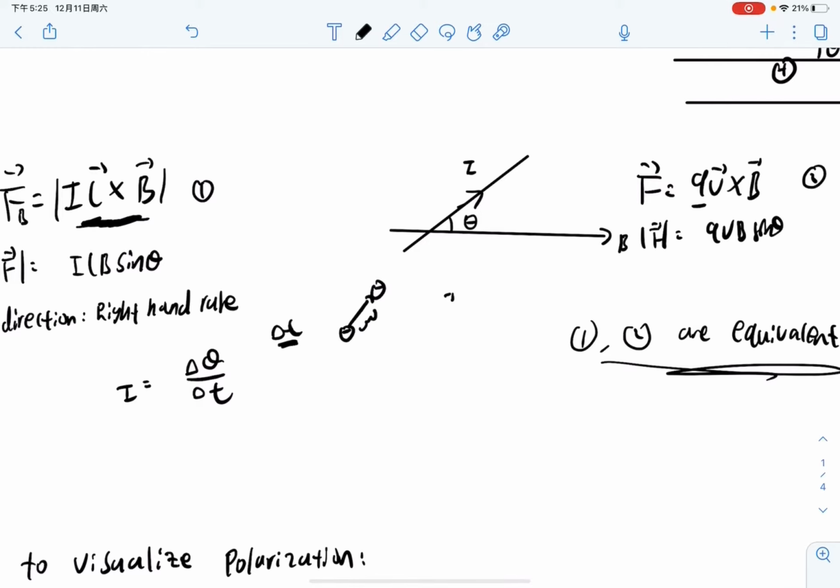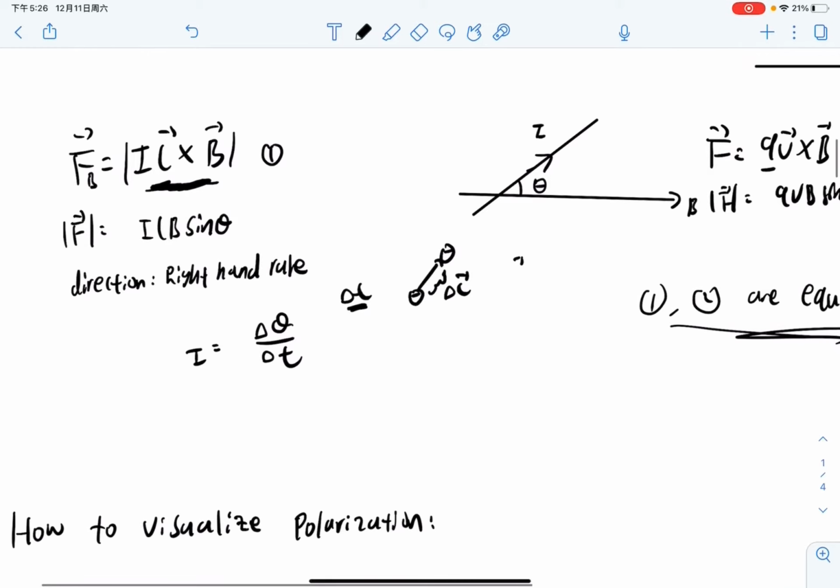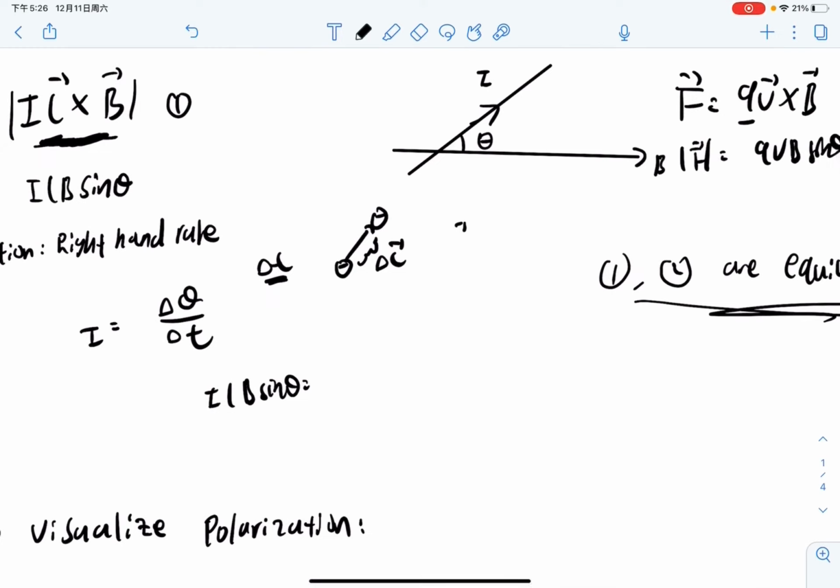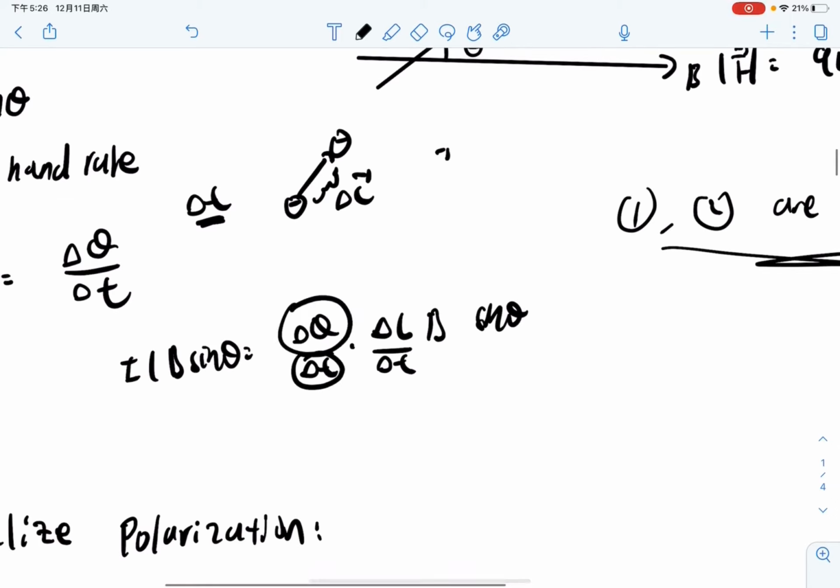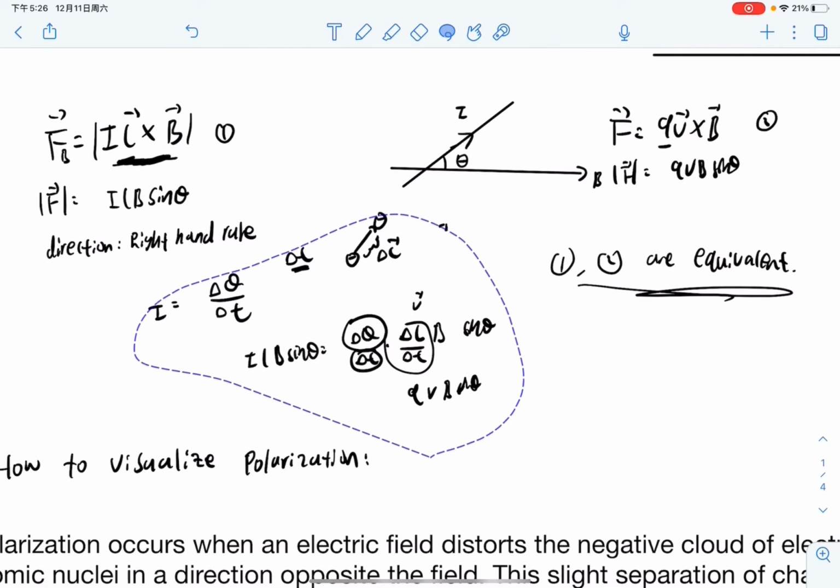So we're going to call that distance L. So I L B sine theta in this case is just going to be q over delta t times L times B sine theta. And if you move delta t over to L, you can see L over delta t is the velocity. So it is going to be q v B sine theta. This is pretty cool actually, but you don't need to know this.